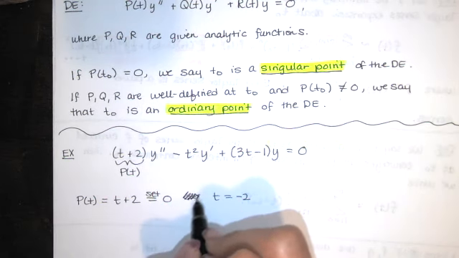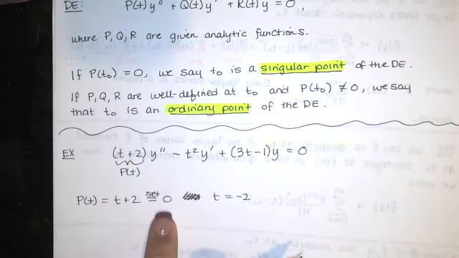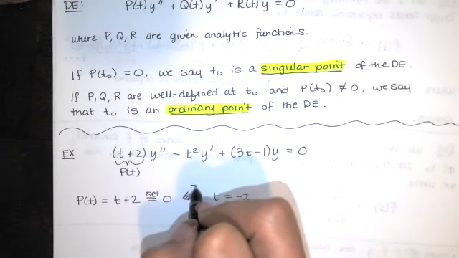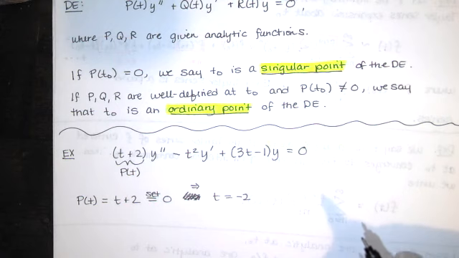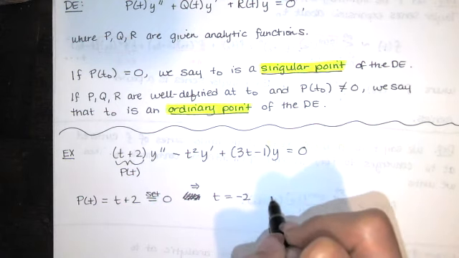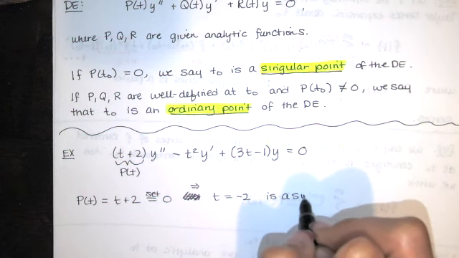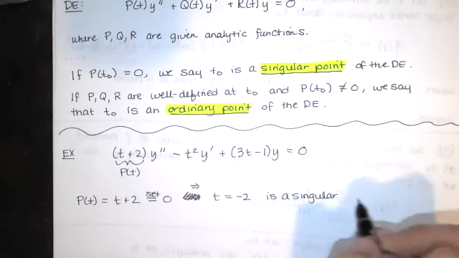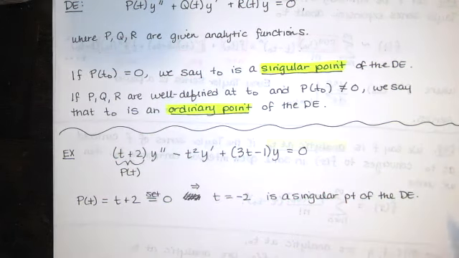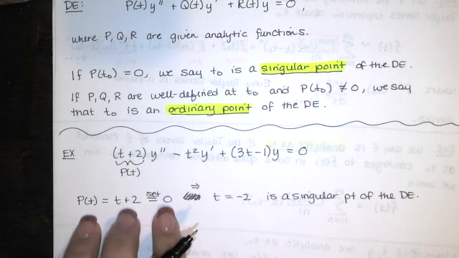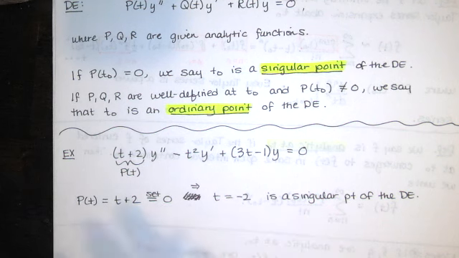Then t is equal to -2. And that would be a singular point of the differential equation. Now, if t equals -2 is the only singular point of this differential equation, then any other real value t is an ordinary point.